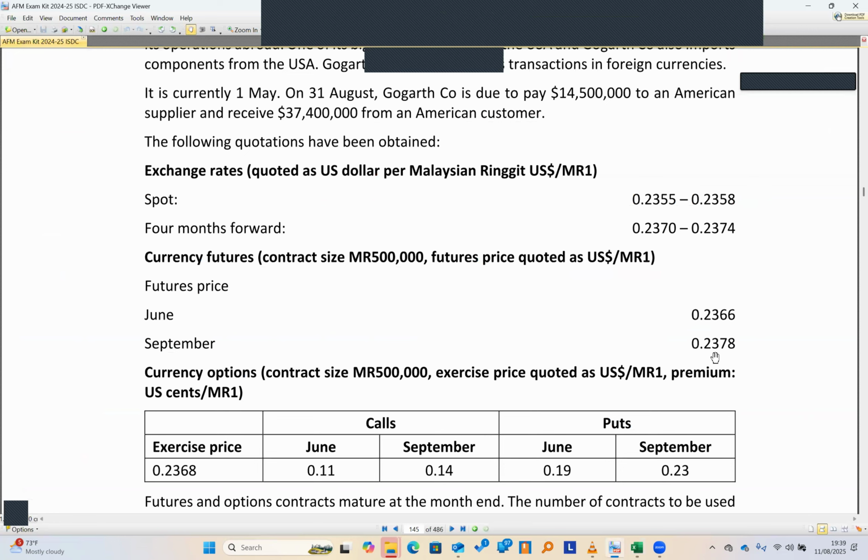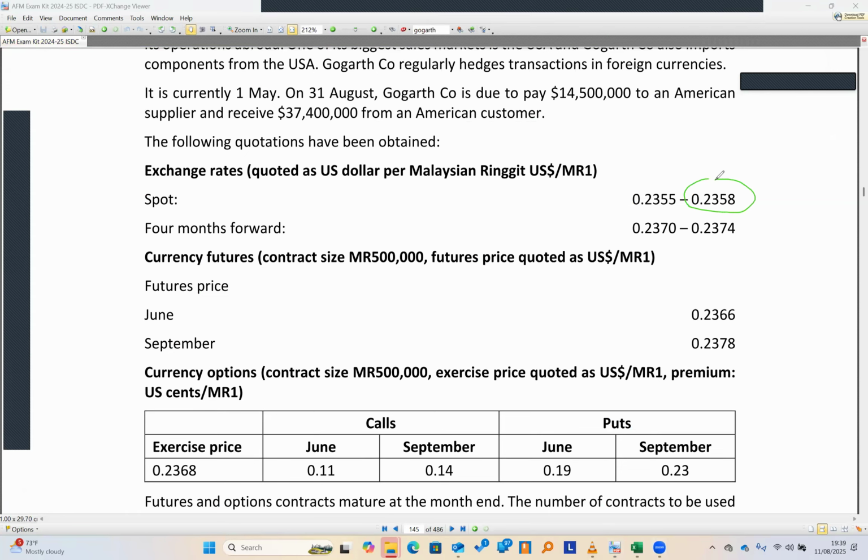And remember, since we already know that we are supposed to be using the value for selling, we are supposed to subtract this 0.2358 and this 0.2378. And normally, we take it as spot minus the future price itself.